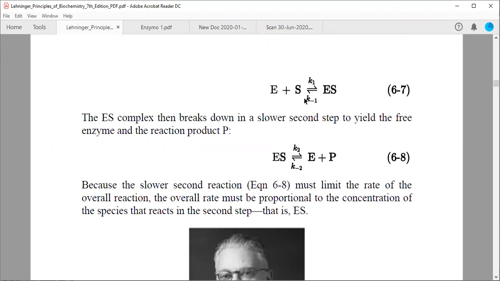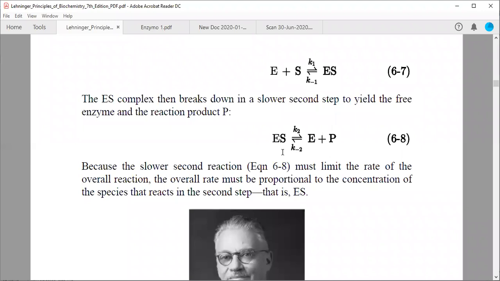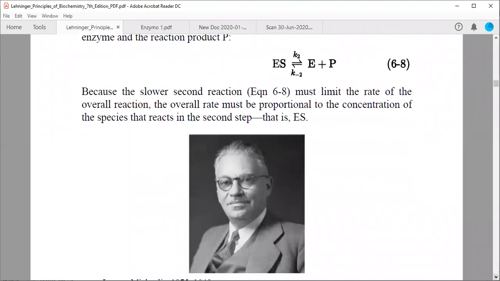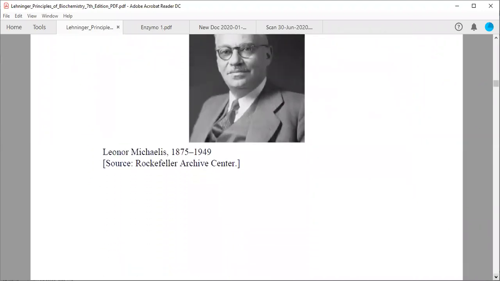If it is going back, this is K minus 1. Similarly, this ES is getting converted into enzyme and product. When the enzyme substrate complex is converted into enzyme and product, it releases the product without any change in the enzyme. So this is called K2. And mostly this will be unidirectional. Only in a few cases is it found that this can revert back, but once the product is released, this reaction is over. So we will discuss that point also.